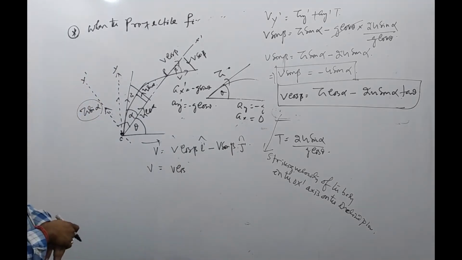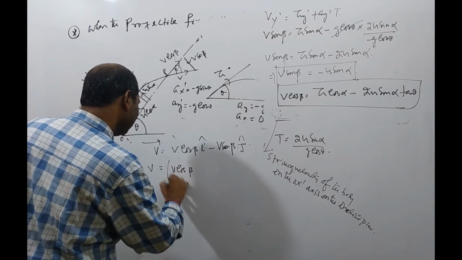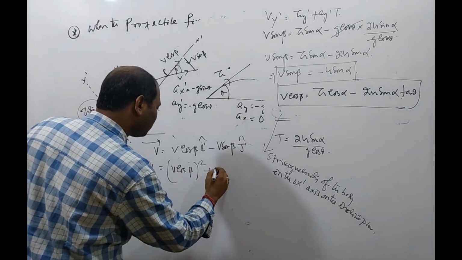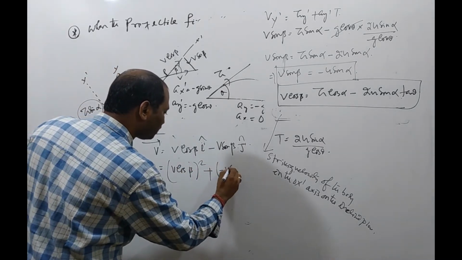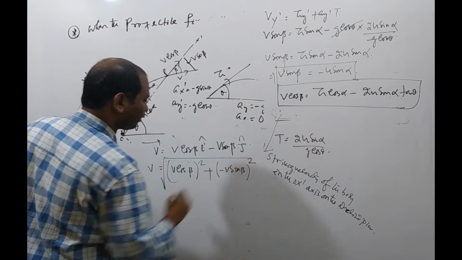the magnitude of v cos beta square plus minus v sin beta square, root over.